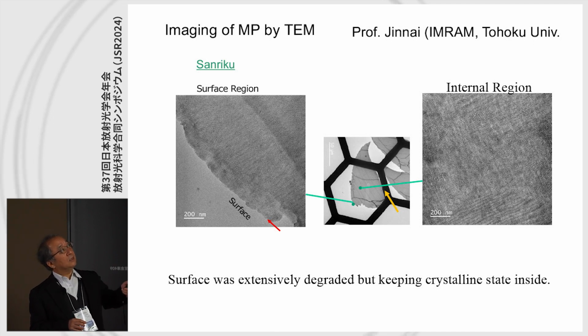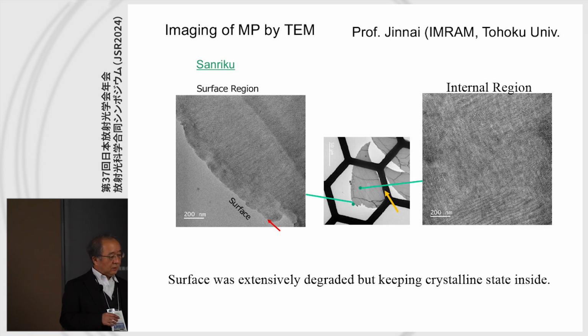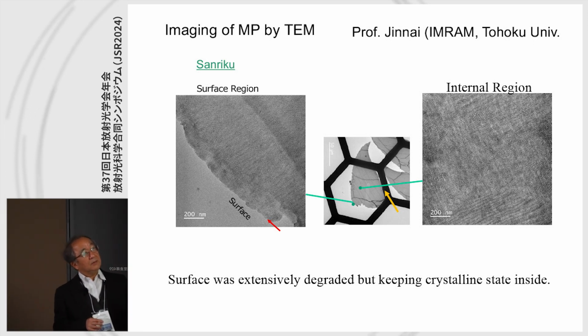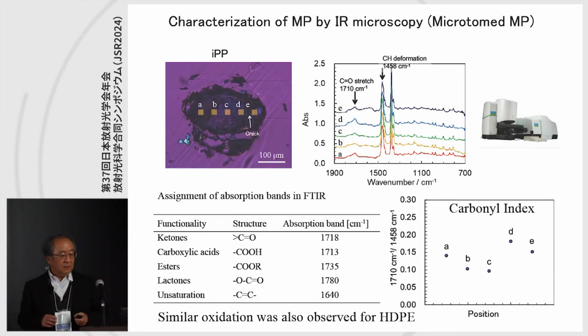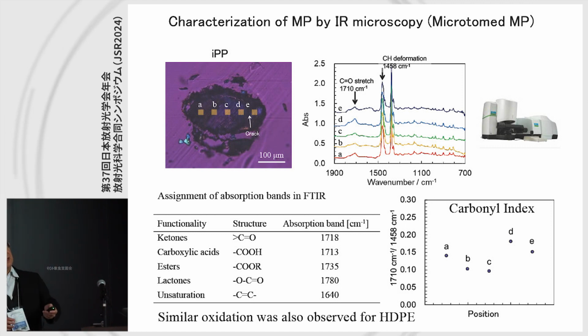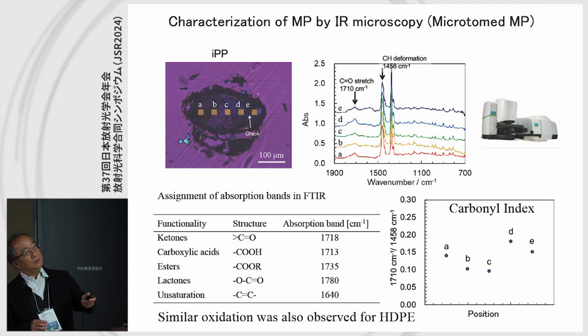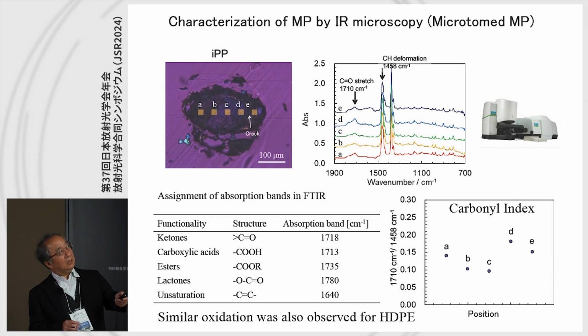This is a collaboration with Professor Jinnai at Tohoku. In the surface layer, there are many degraded parts. We can also confirm with micro IR that they show extensive carbonyl group formation, particularly near the crack or the surface.